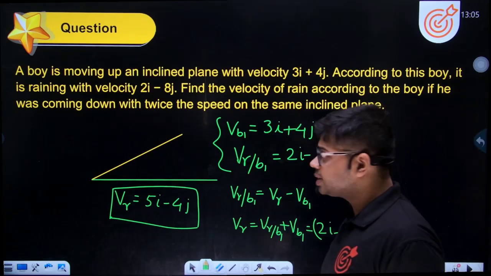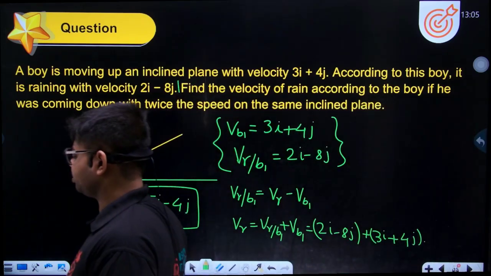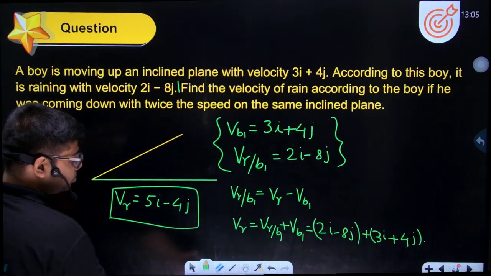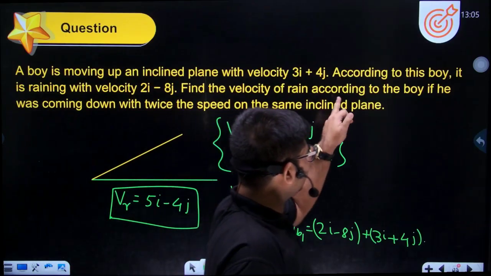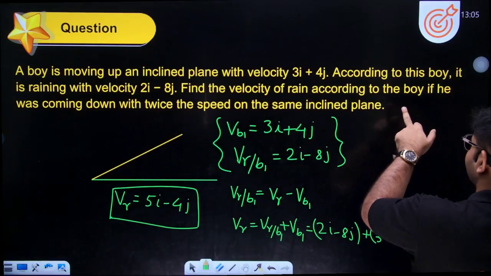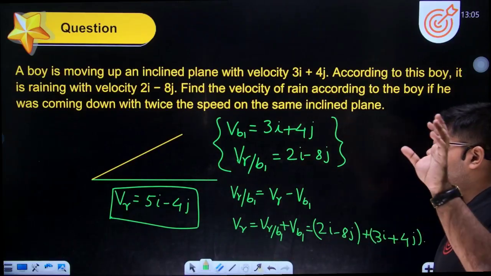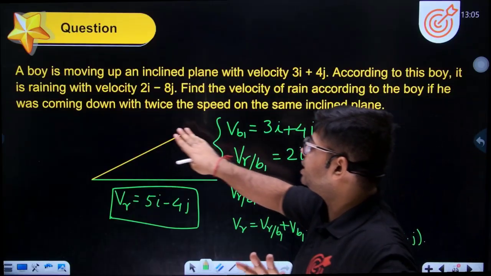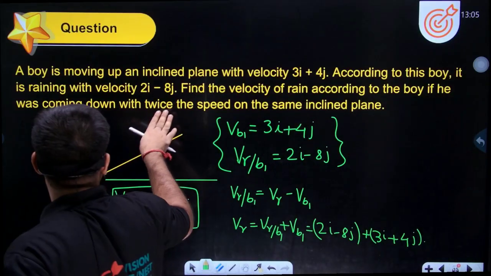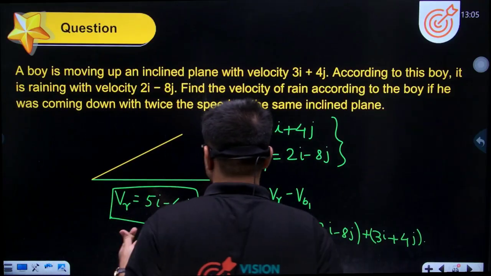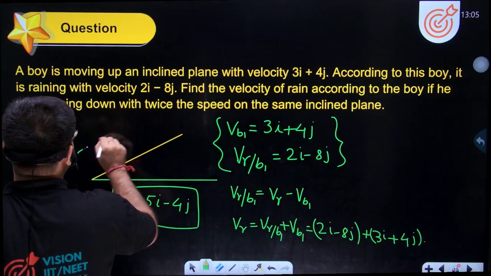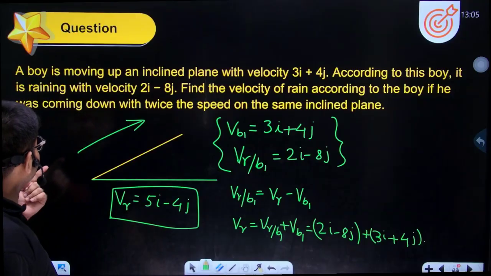Now, this is the first part of the question. Now they are saying, find the velocity of the rain according to the boy, that means the velocity of the rain with respect to the boy, if he was coming down with twice the speed on the same inclined plane. The boy initially was moving up like this, so his velocity was like this.